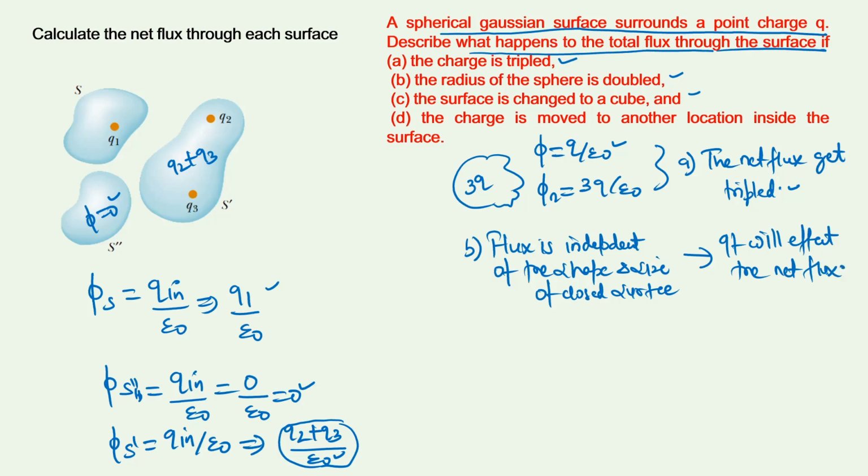The net flux will be the same as before. For part C, the surface is changed to a cube; whatever the shape and size, it will not affect the net flux. Net flux is independent of shape and size. So for C, we have the same answer as B.